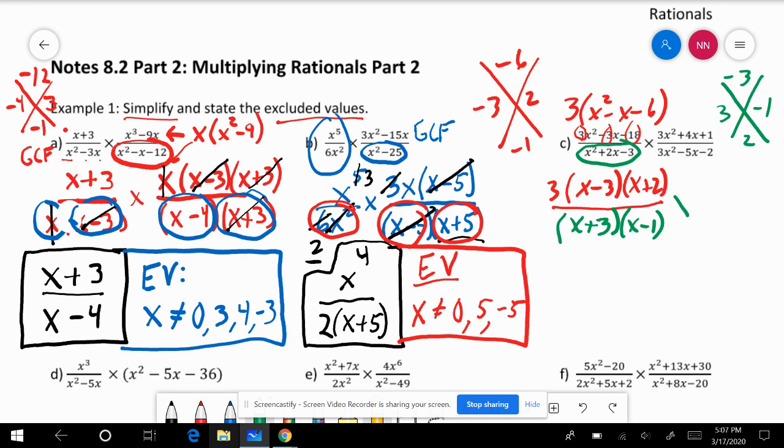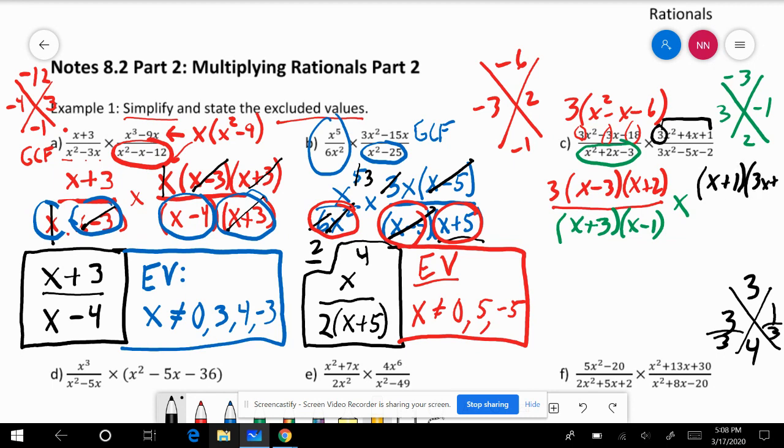Now we're going to look at our next fraction. We're going to multiply the 3 and the 1, and that gives us a 3, adds up to 4. So that would be 3 and 1. Because there's a 3 right there, we're going to divide each of them by 3. And so what that gives us is x plus 1 and 3x plus 1.